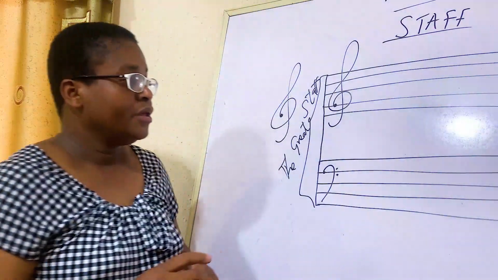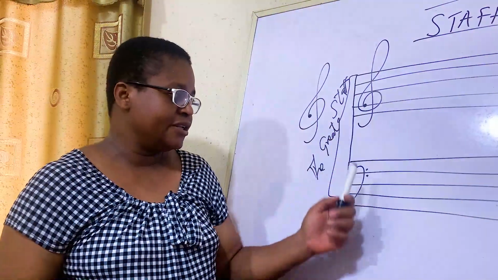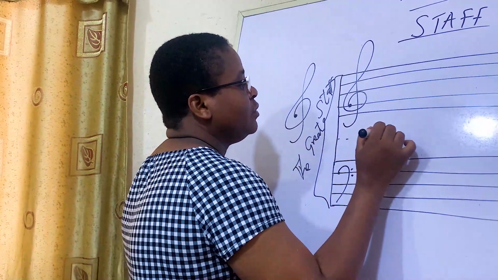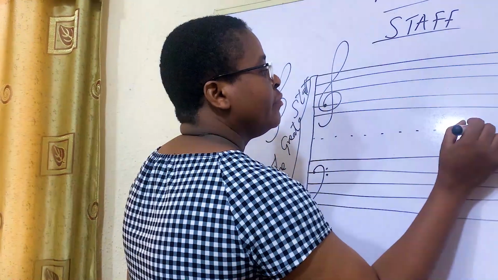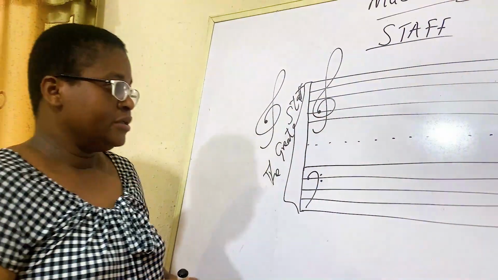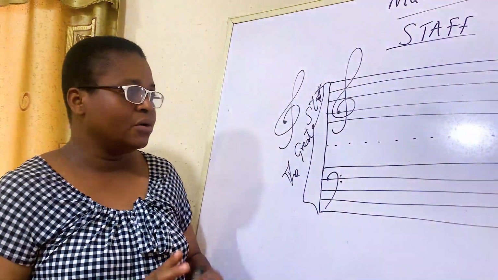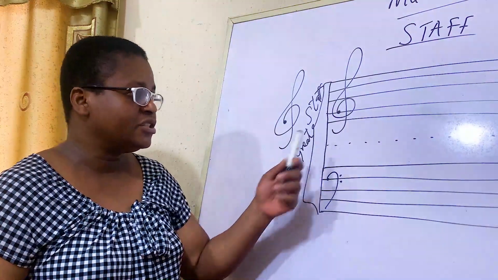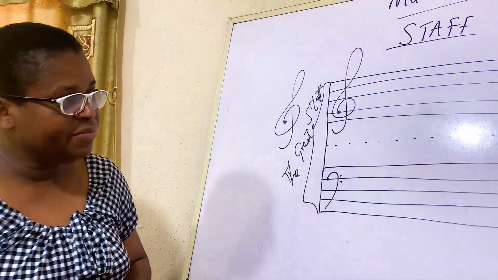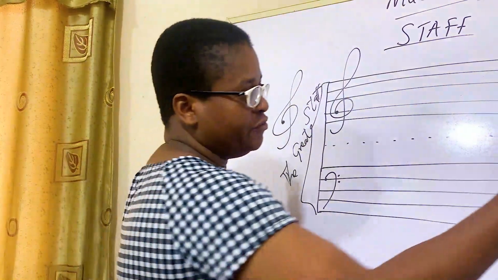Okay. In between the treble clef and the bass clef, we have what we refer to as a ledger line or imaginary line. Each line and each space of a staff has its name, and naming begins from the bottom of the staff.